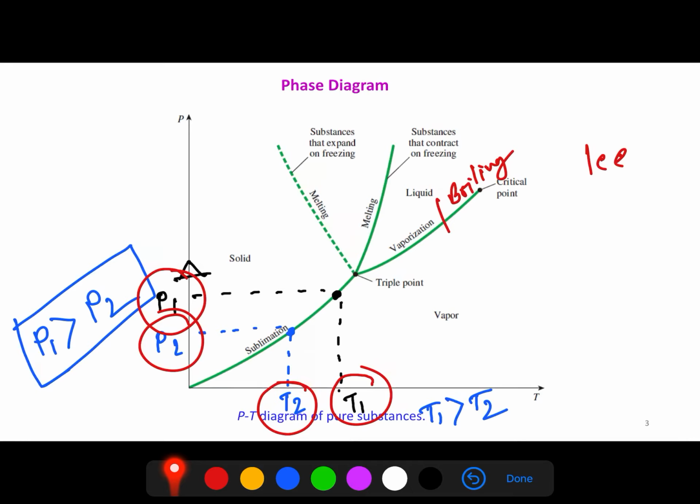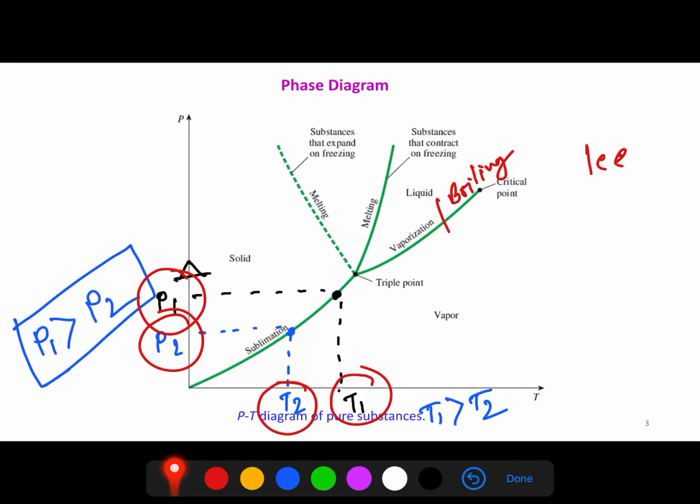And if it is the case, then this is the triple point. In simple words, if the three lines coexist at an equilibrium point, we can say this is the triple point.